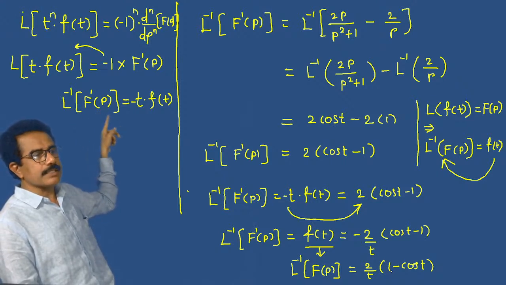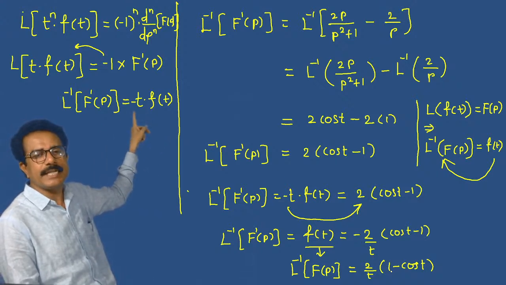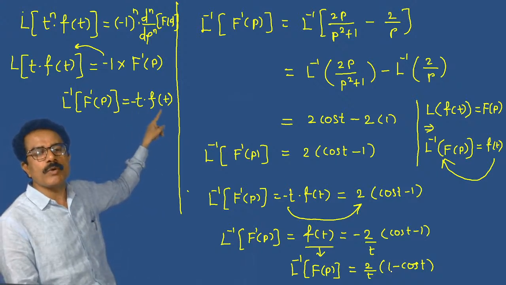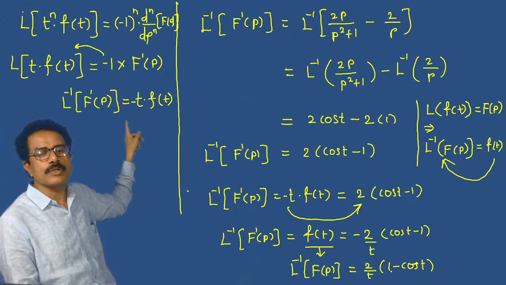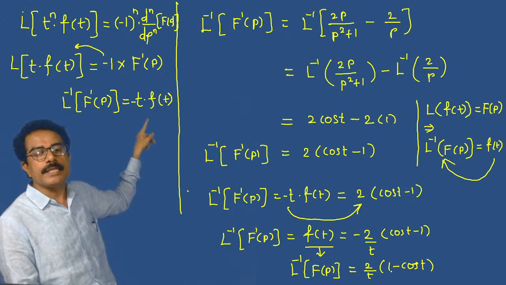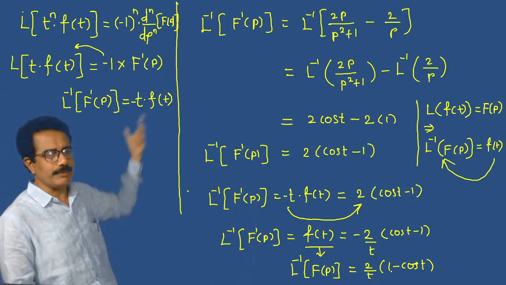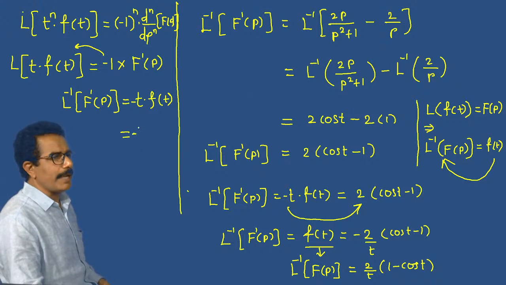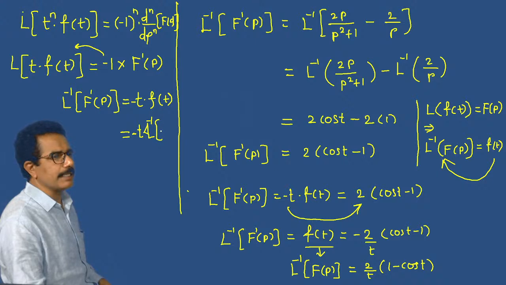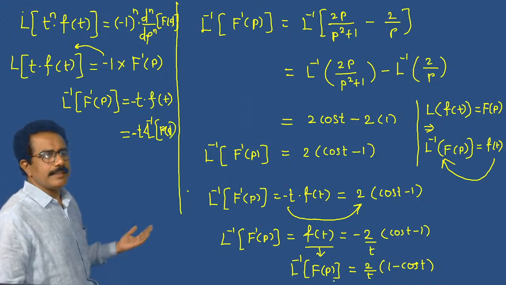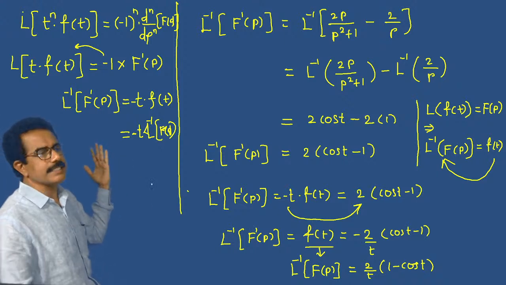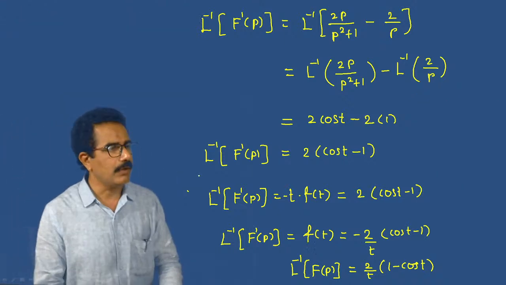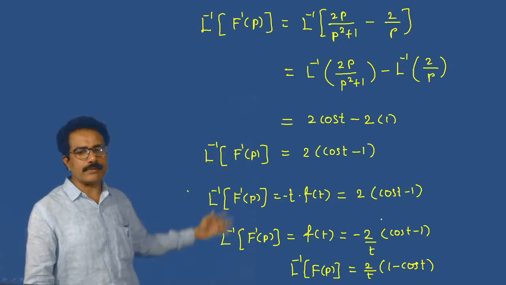So L inverse of F dash of p we can write directly as minus t into small f of t, or we can also write minus t into L inverse of capital F of p. This is the basic relation. Thus we can calculate the solution.